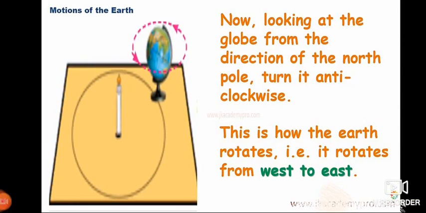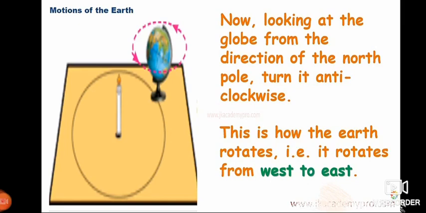That means you have to look from above, that is from the north pole, and then you have to move the earth in anti-clockwise direction. What is anti-clockwise? Anti-clockwise means the opposite direction to how the clock is moving. Opposite direction to the direction of the clock, that is called anti-clockwise.